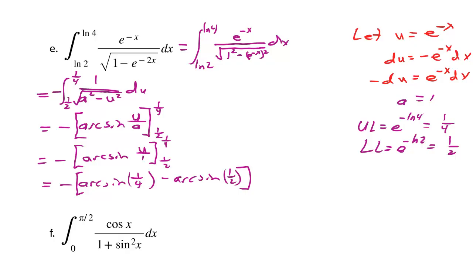And let's see, arcsine of 1/4. I don't think that's anything. So it's just negative arcsine of 1/4. Arcsine of 1/2. Let's see, what is sine of pi over 6? I believe it is. Yeah. So minus pi over 6.